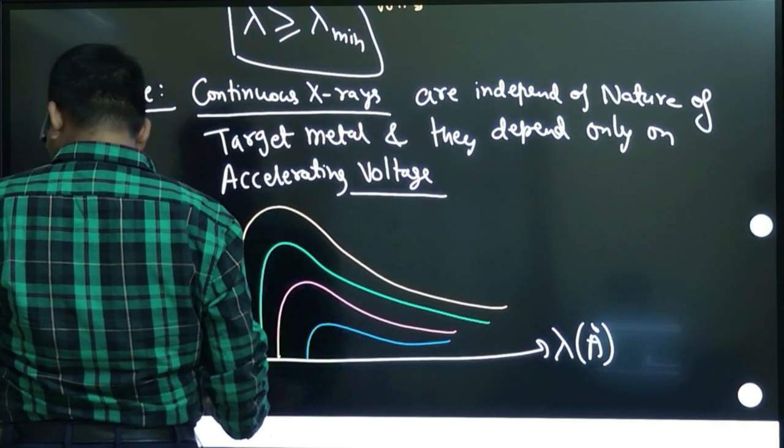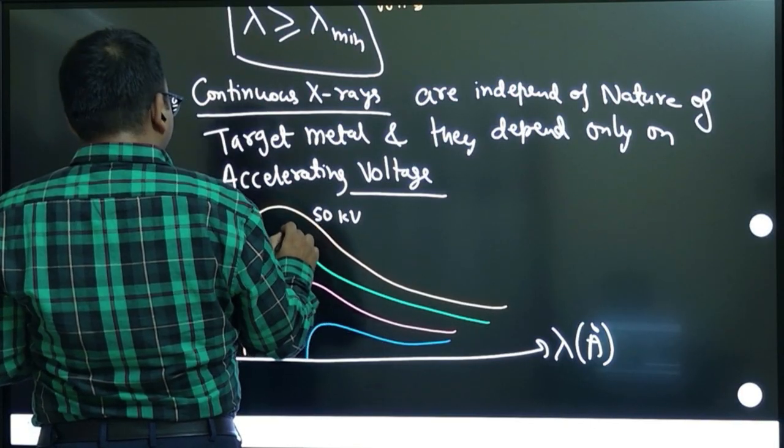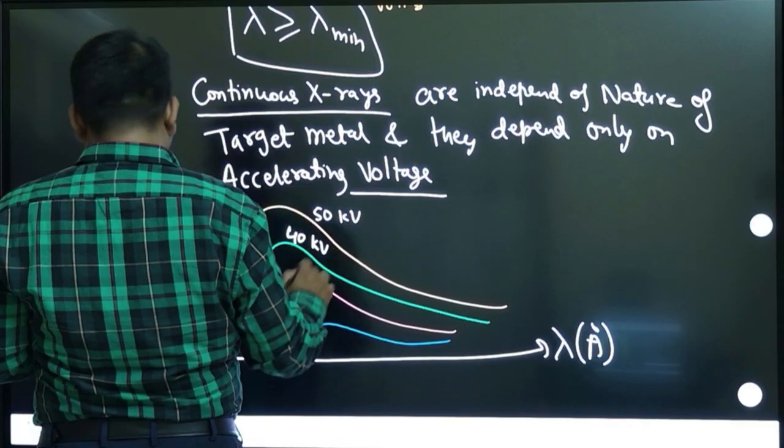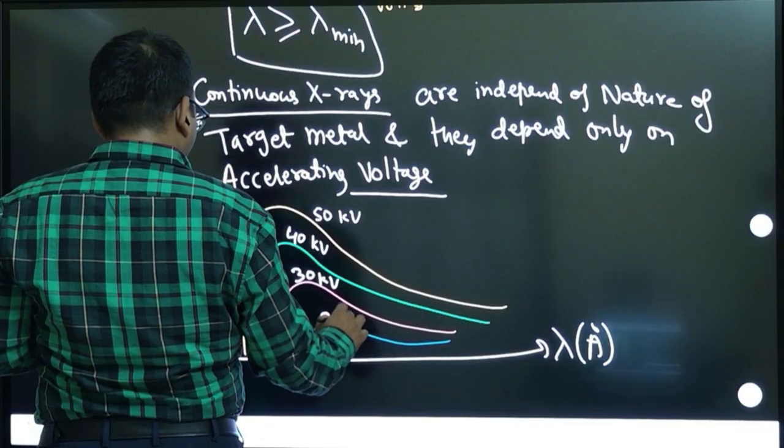This is 50 kilovolt accelerating voltage. This is 40 kilovolt, this is 30 kilovolt, this is 20 kilovolt.